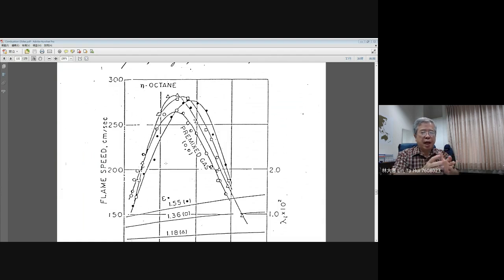When you do a large expansion, you reduce the pressure inside the combustion chamber. Initially, you have certain fuel vapor inside the combustion chamber. When you expand it, the pressure is reduced, and the fuel vapor has a chance to condense.